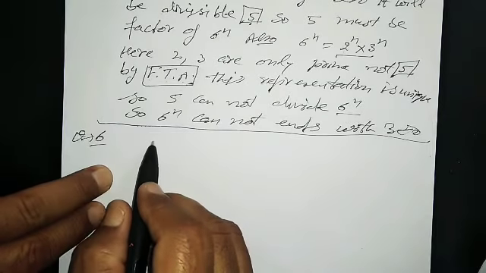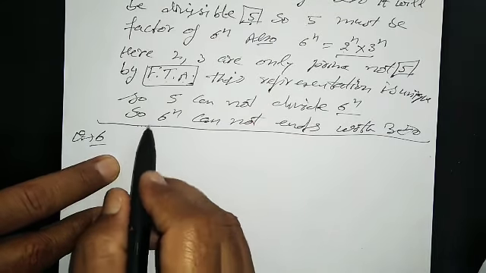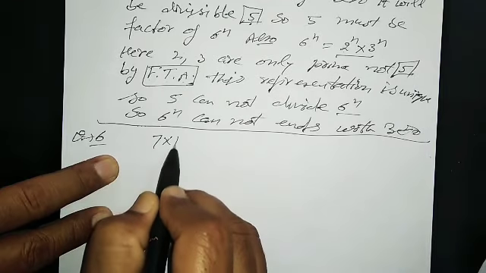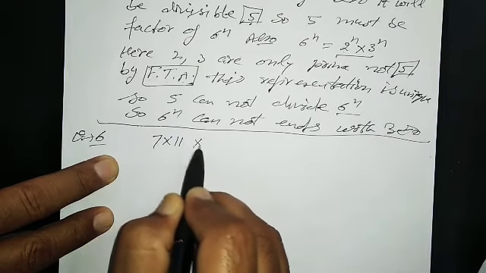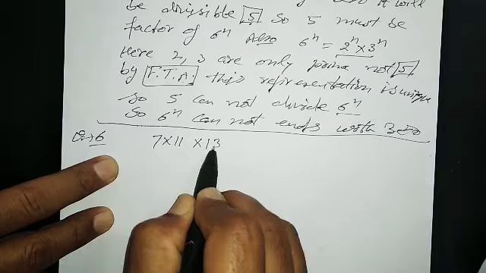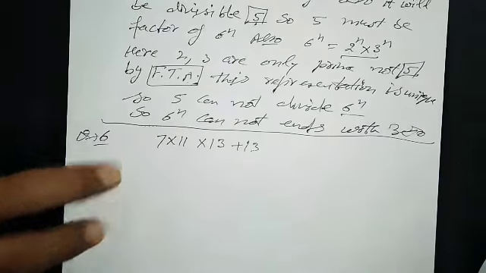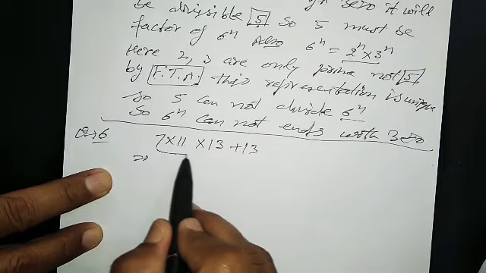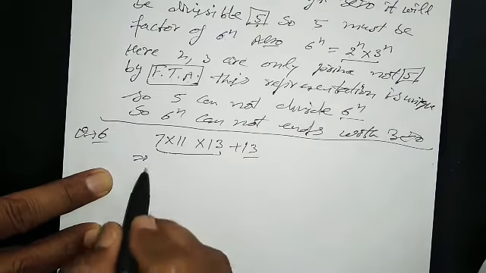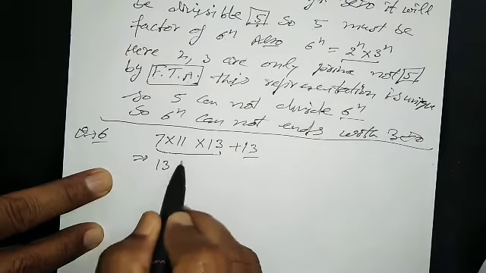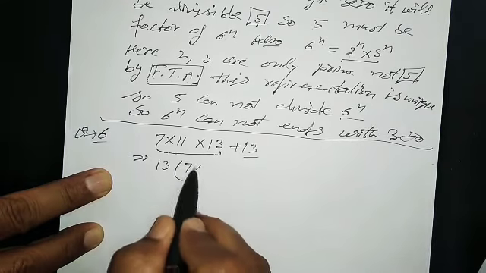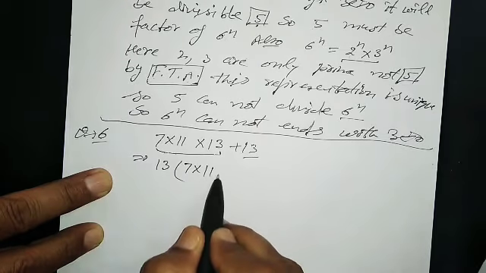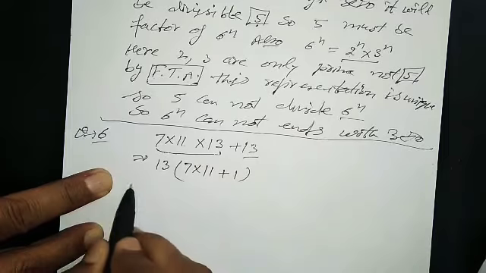Explain why these are composite numbers. That means we have to show that this number is composite. How do you show it? Very easy. This is a product, and this is 1. You can take 13 common. You will get 7 times 11, and here 1.